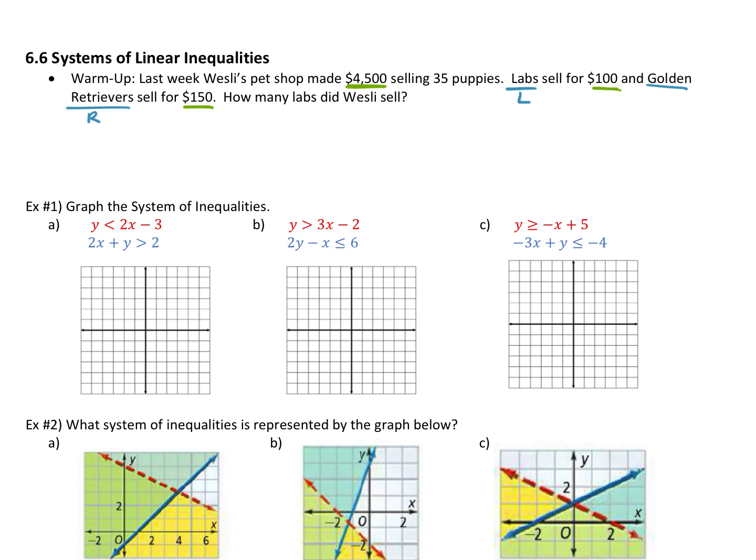So if it is $100 per lab plus $150 per golden retriever, then the total amount of money is $4,500. So that's one equation. And then the other equation, it says they're selling 35 puppies total. So that's going to be labs plus retrievers equals 35.